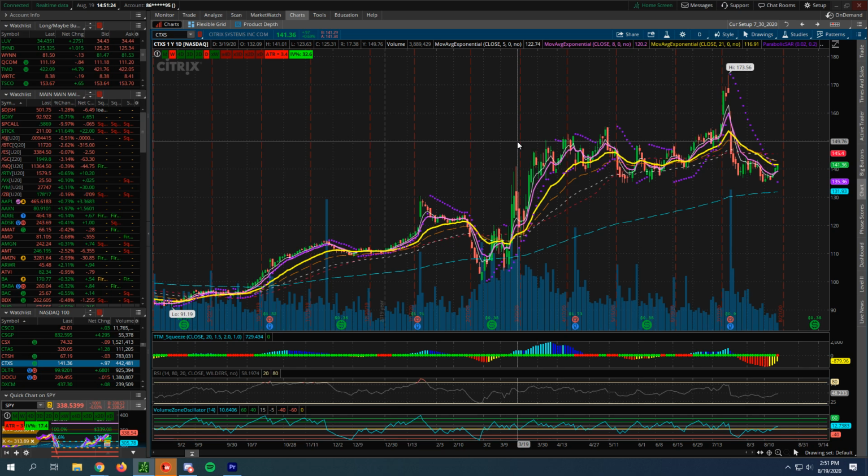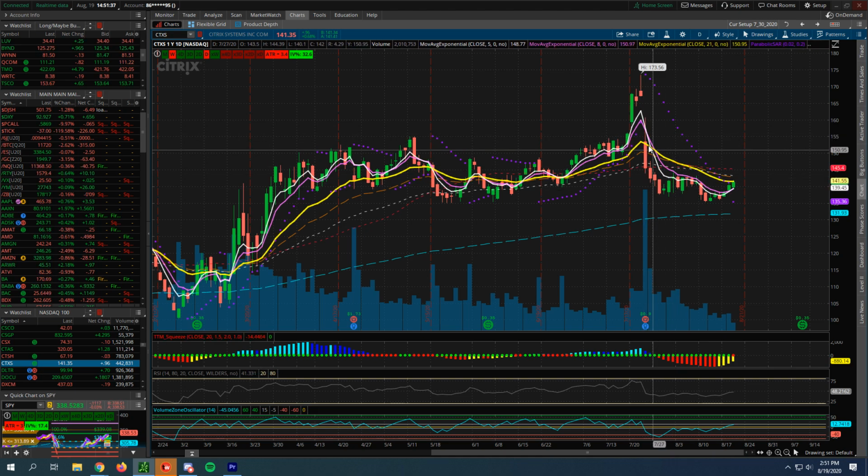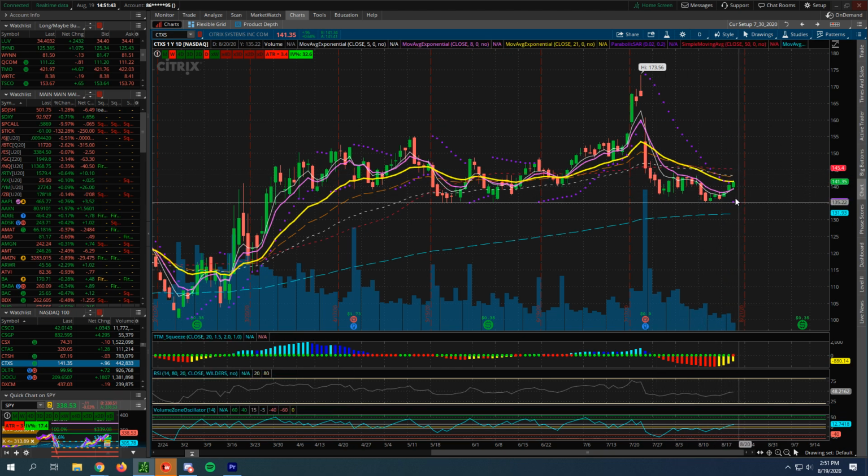CTXS, so Citrix Systems. This thing looks like it wants to potentially reverse and make a new change here, because you can see the substantial downside between that 5 and 8 exponential moving average crossing through here and now trying to curl up, building somewhat of a base here with that parabolic SAR just switching.